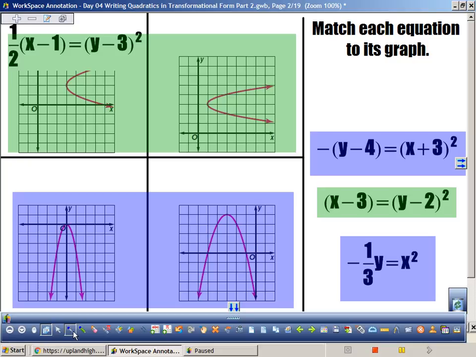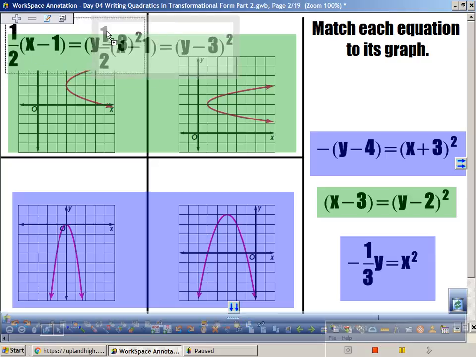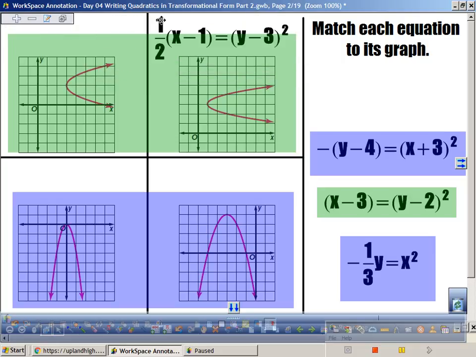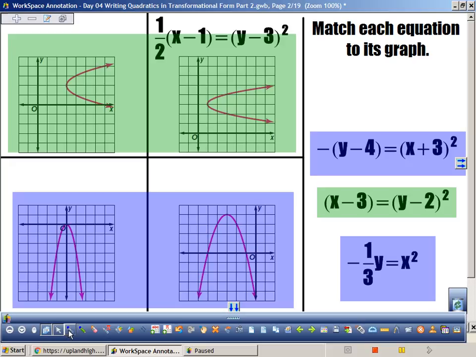So you said that x was a positive 1. Top right, thank you. Let's just go back. That's not right, right? Better? So you said that my horizontal shift is 1, and that's what we did.